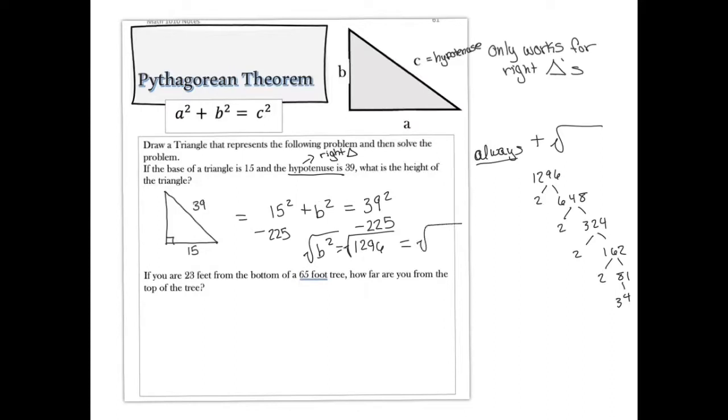So this is the square root of 2 to the 4th power times 3 to the 4th power, which then means we're going to divide these by 2. So this ends up being 2 squared times 3 squared, which is 4 times 9, so 36.